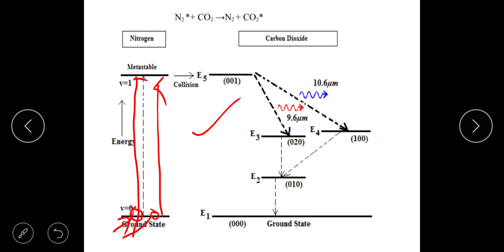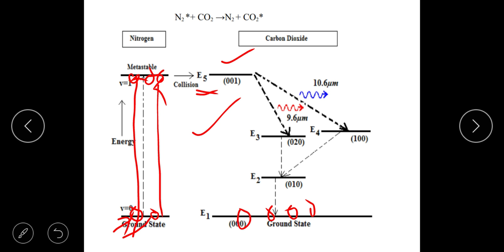Now you have a situation in which these CO2 molecules are sitting here. N2 absorbs the energy and goes to the higher state, but remember, this is a metastable state. And not only that, the energy of this first excited state of nitrogen exactly coincides with the first excited state of the symmetric stretch.